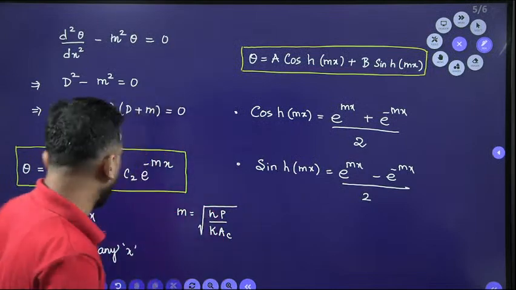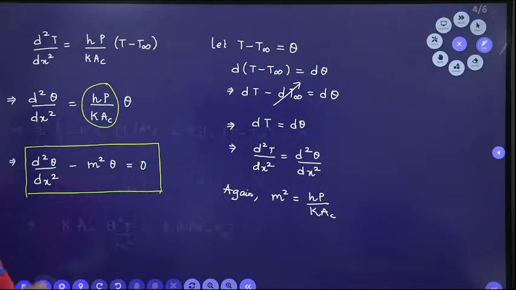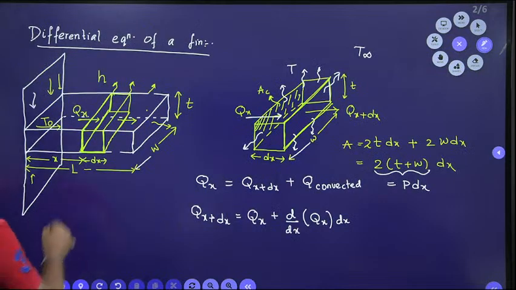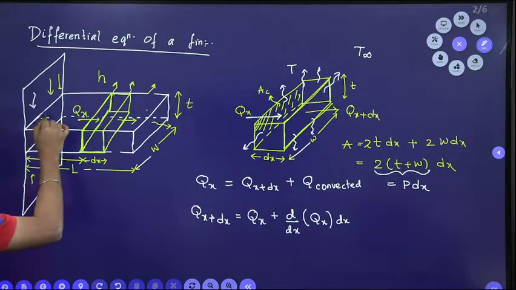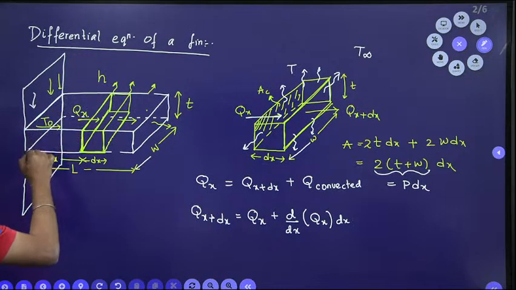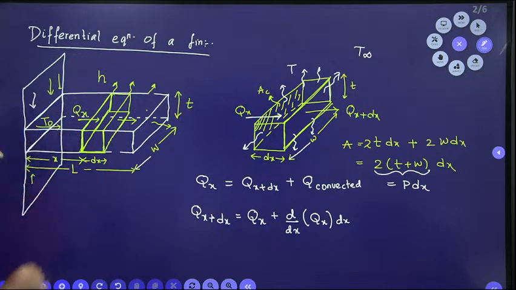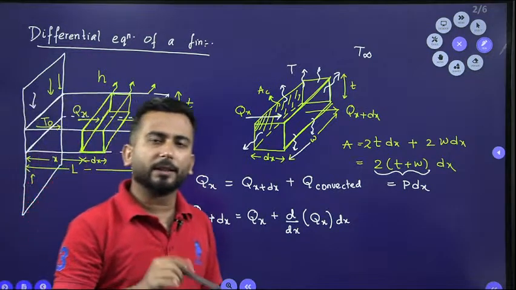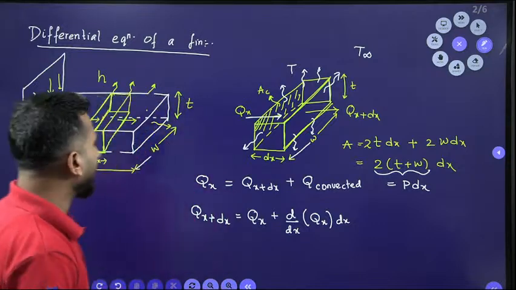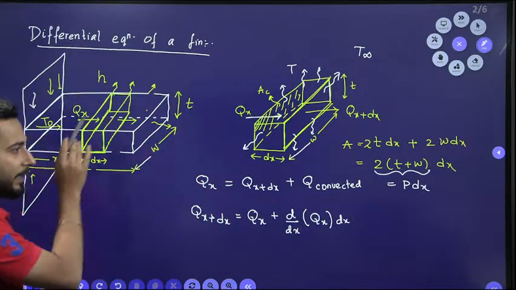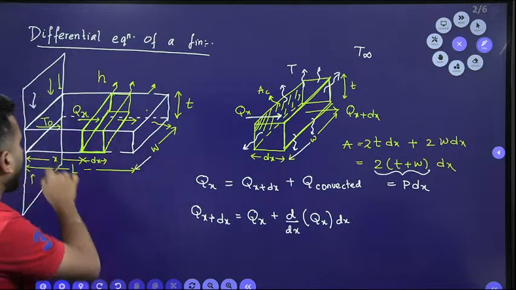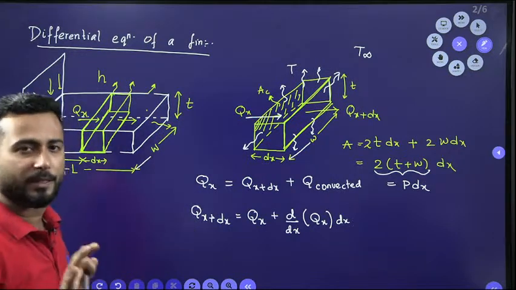What is that boundary condition? At the base of the fin, the temperature is T0. That means at x equal to 0, the temperature is T0. This is always fixed.